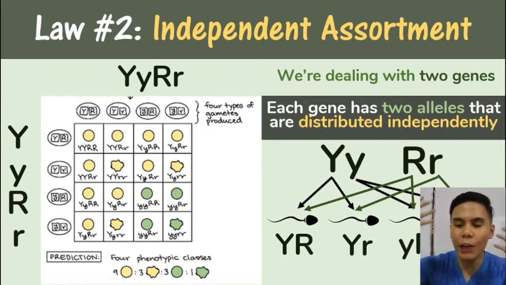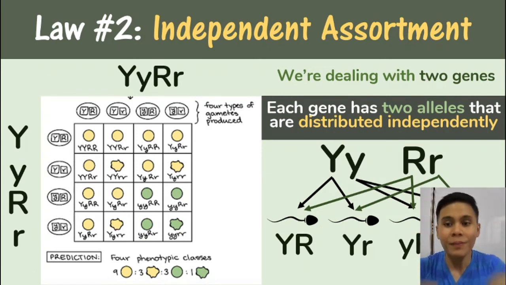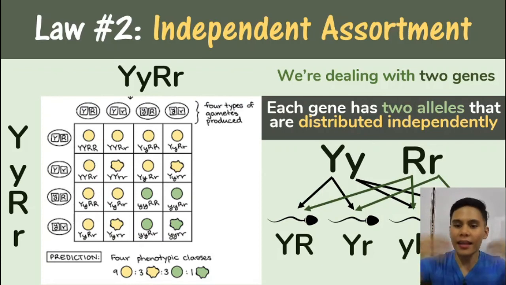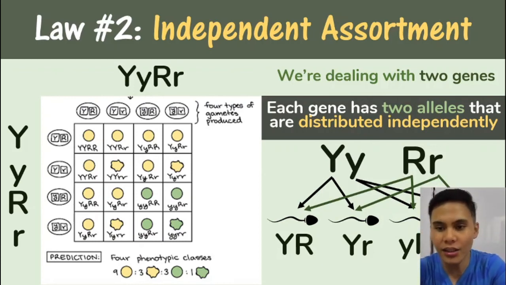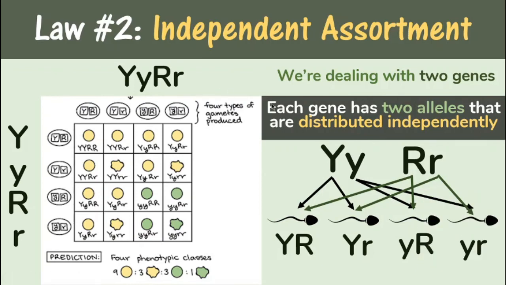So if we're dealing with 2 genes, for example, each gene has 2 alleles that are distributed independently. What does that mean? Getting rid of my face, we can see this diagram here. So we have capital Y and small y. We have to distribute those 2 alleles to 4 different sperm. So this capital Y gets distributed to these 2, while this small y gets distributed to these other 2 sperm cells. Now your capital R and small r, a different gene, has to be distributed in the same way.